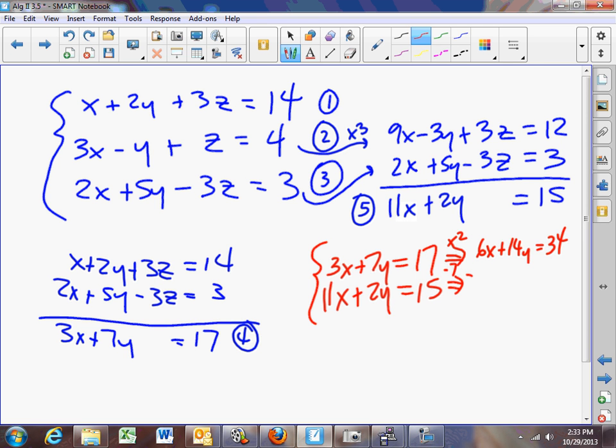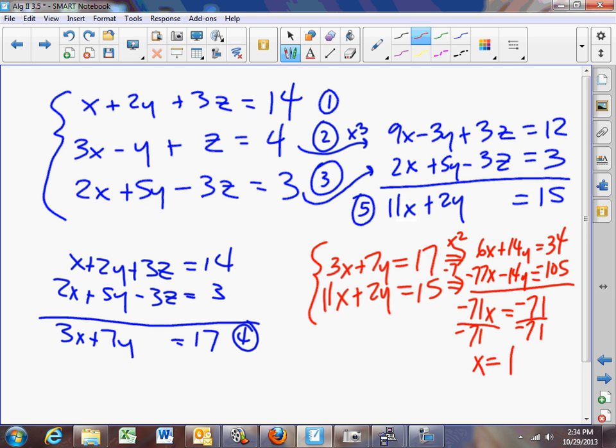That gives us negative 77x minus 14y equals, now 15 times negative 7, that's negative 105. Now, if I add these together, I get negative 71x equals, whoa, look at that, negative 71. That was nice. So if I divide both sides by negative 71, I get x equals 1.